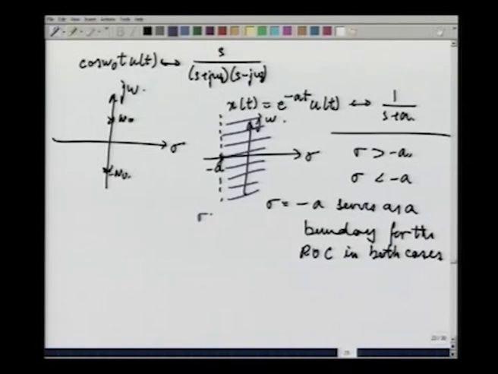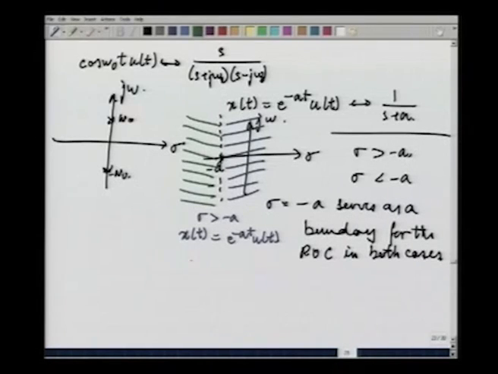This was sigma greater than minus a and corresponded to xt equals e to the minus at ut, or you could have sigma less than minus a, corresponding to xt equal to minus e to the minus at u of minus t, all for the same expression 1 by s plus a. Right. So this is what we observe.